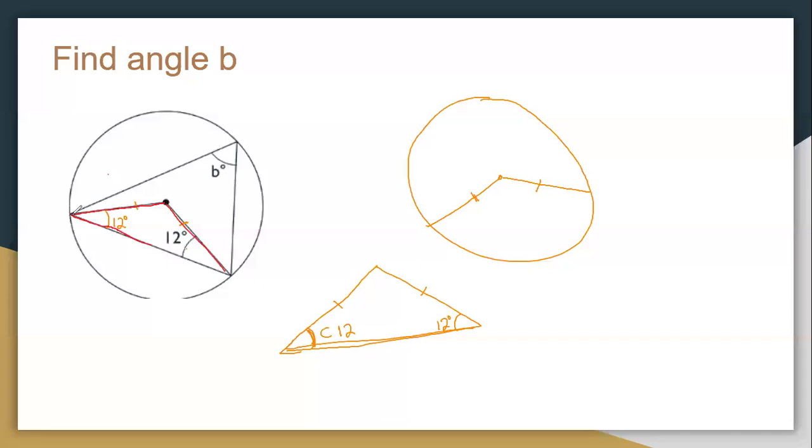You are noticing that that is a triangle we have formed in our circle. Now, in order for us to find B, I need to know the center angle, the angle here. Let me call it X. So in our triangle here, we have X.